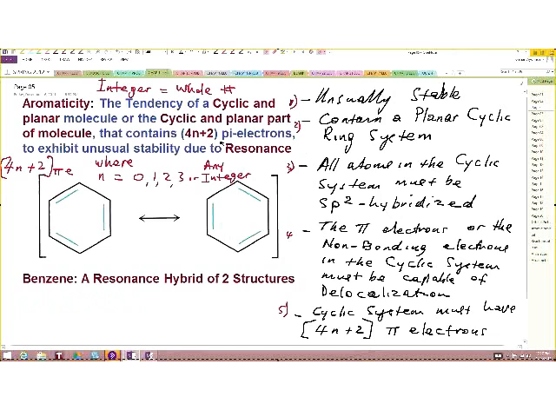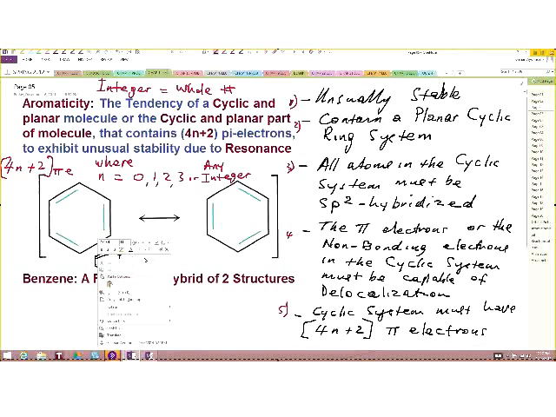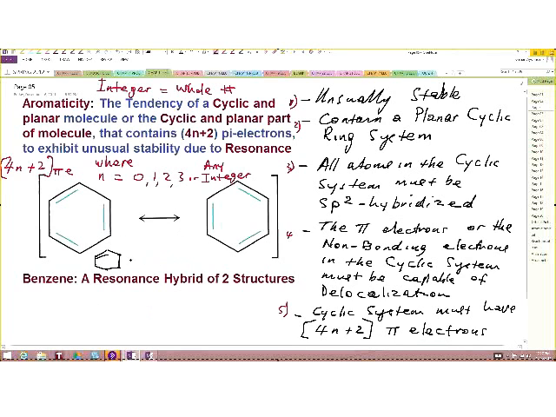Let's look at the first one. Unusually stable. Let us take, for example, this carbon-carbon double bond. Hydrogen with platinum, what do I get? I reduce that molecule. The double bond is gone.